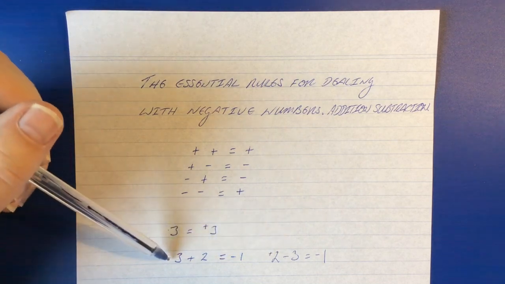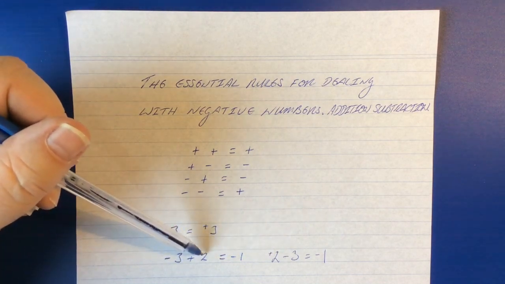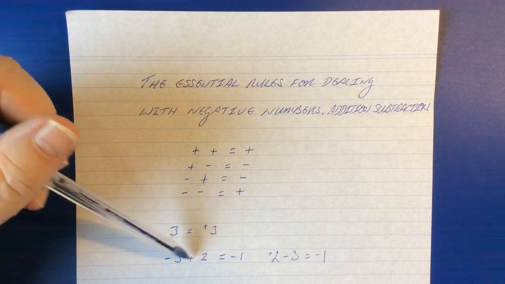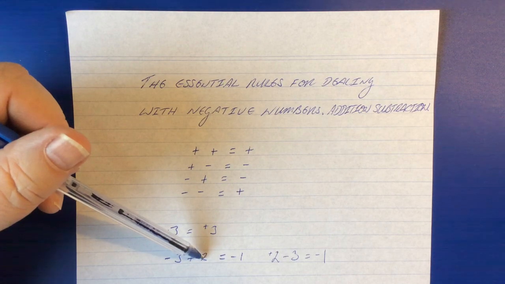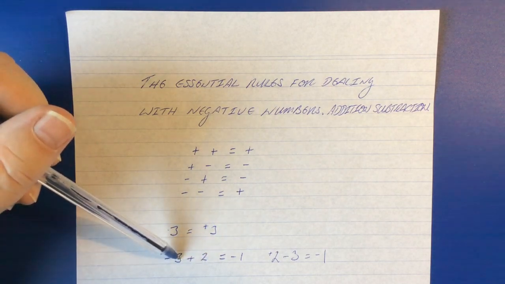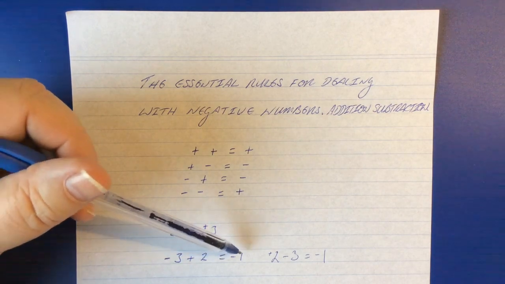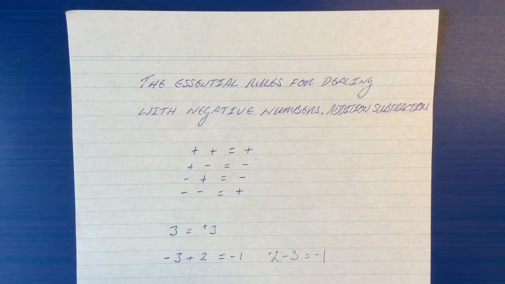But what we have is a larger negative number than a positive number, which means that when we add these two, we're going to get a number less than 0. If this were the negative number and this the positive number, we would get a number greater than 0. So let's see how that works on a number line.